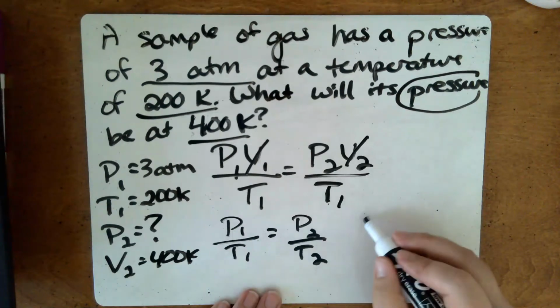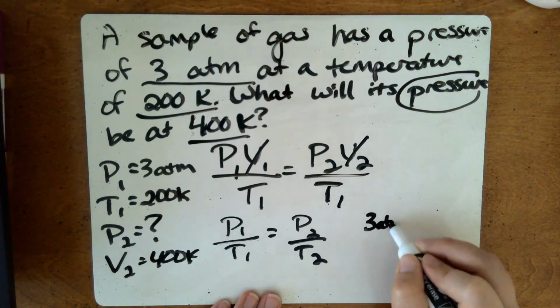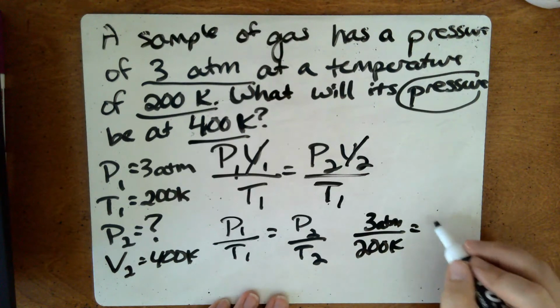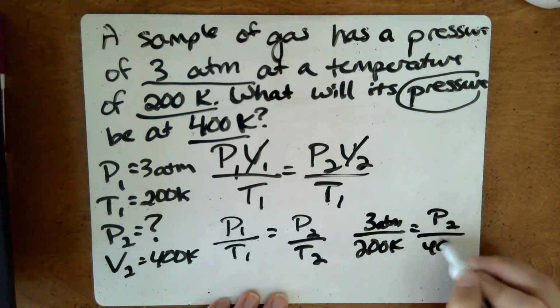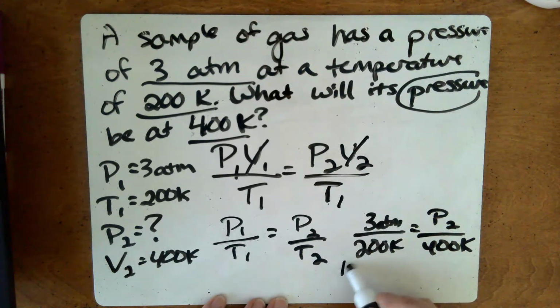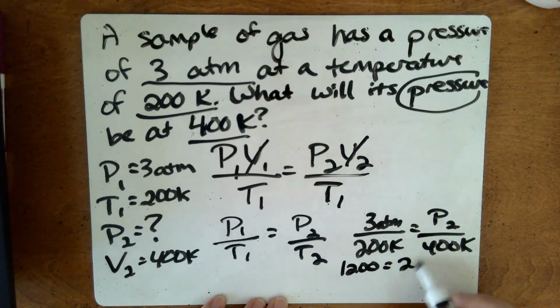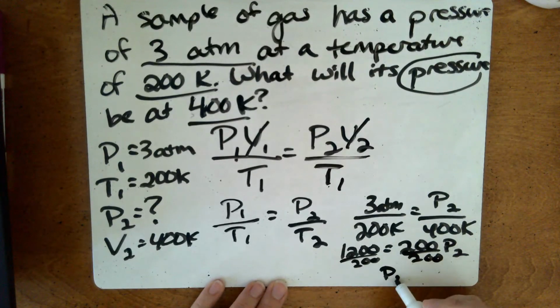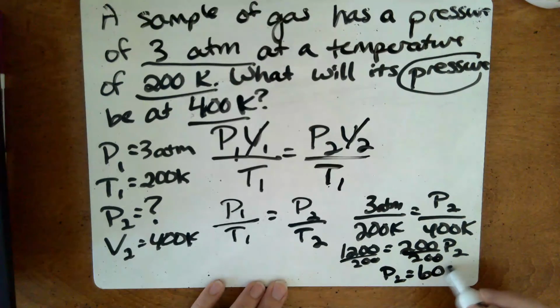So I can substitute in 3 atmospheres over 200 Kelvin equals P2 over 400 Kelvin. And then I can cross multiply. So 3 times 400 is 1200 equals 200 times P2. And I divide both sides by 200 and I get that P2 equals 600.